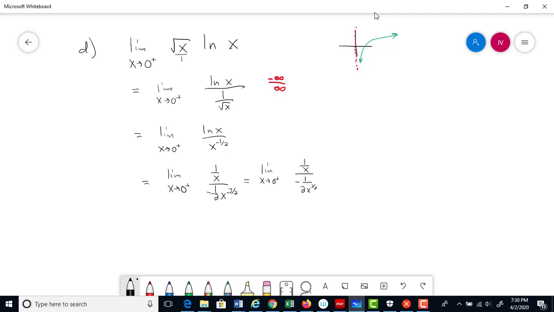I just put that negative 3/2 exponent in the bottom of this fraction. Then multiplying by the reciprocal, so I don't have complex fractions, this is equal to the limit as x goes to 0 from the positive side of minus 2x to the 3/2 all over x.